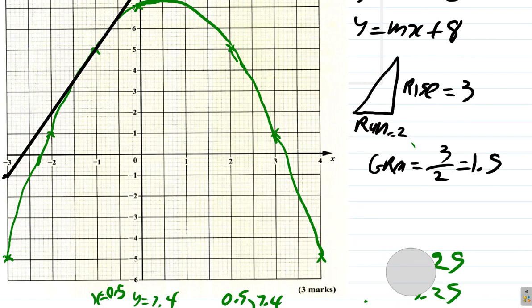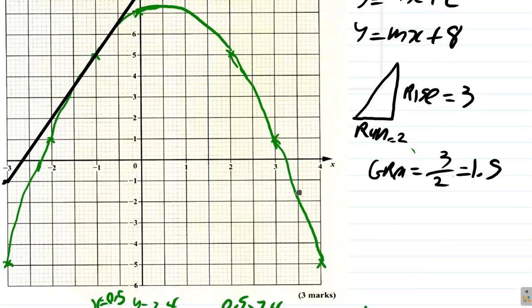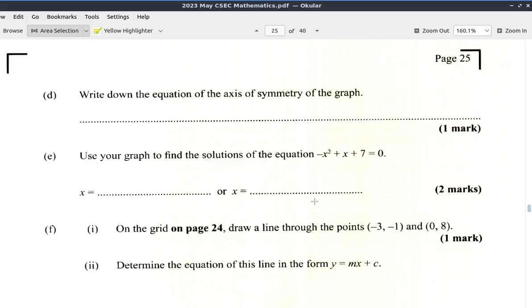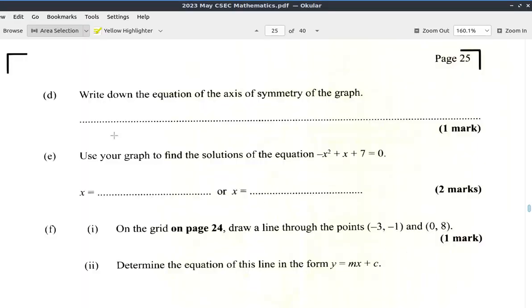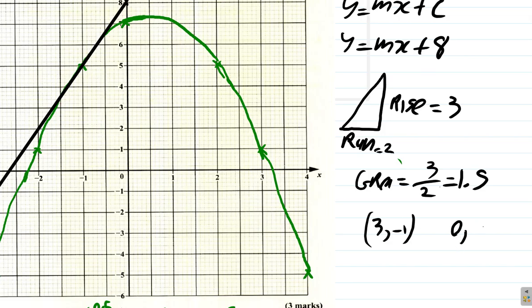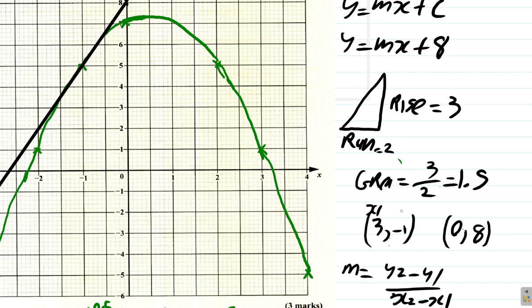Now, let us use calculations. We have the points negative 3, negative 1, and also 0, 8. Now, to get m, the gradient, we have y2 minus y1 over x2 minus x1. If we consider this point as point 1, this is x1, this is y1.